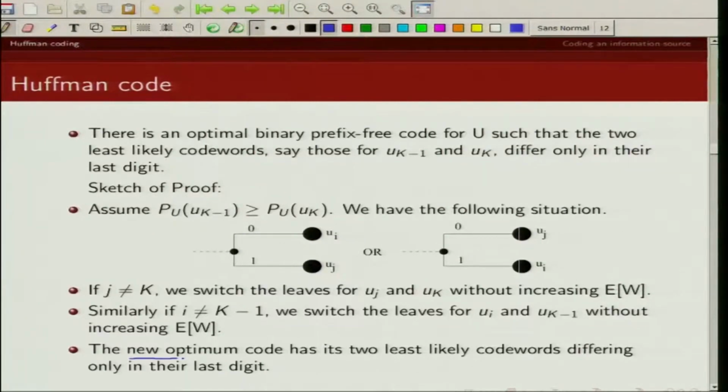So what we have shown is that the optimum code, which has the minimum expected value of w, will have two least likely code words, and they will only differ in the last digit. That is because from the root to this node the bits are all the same.